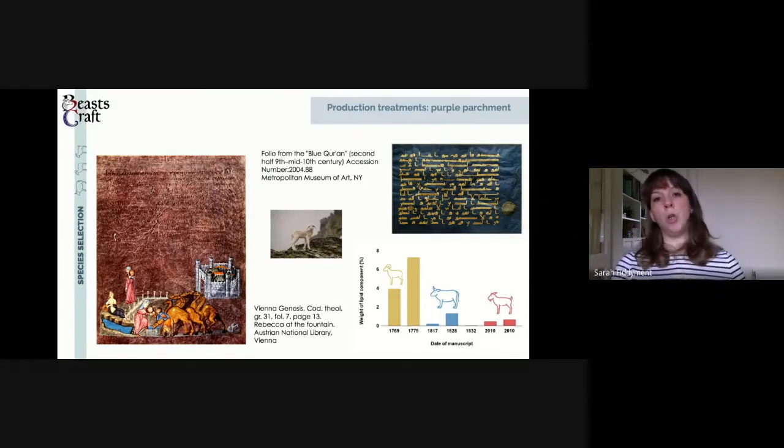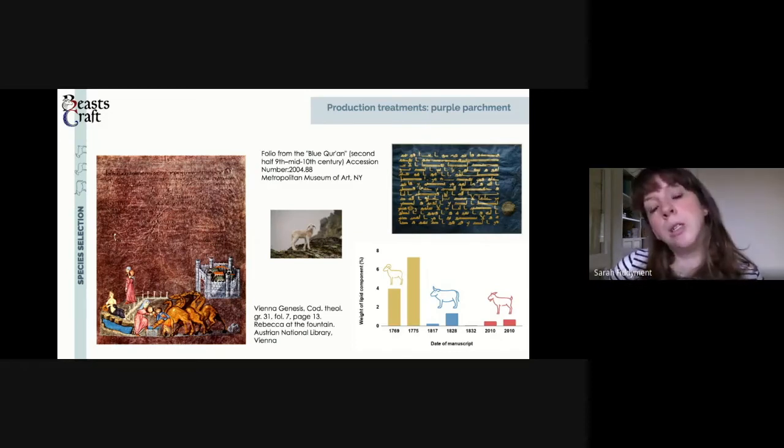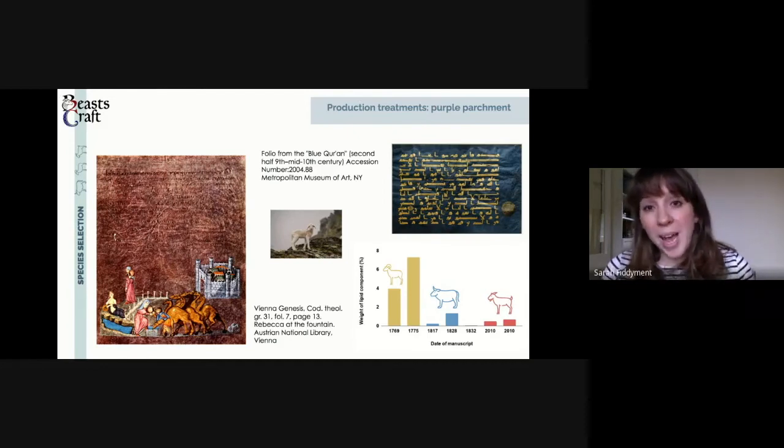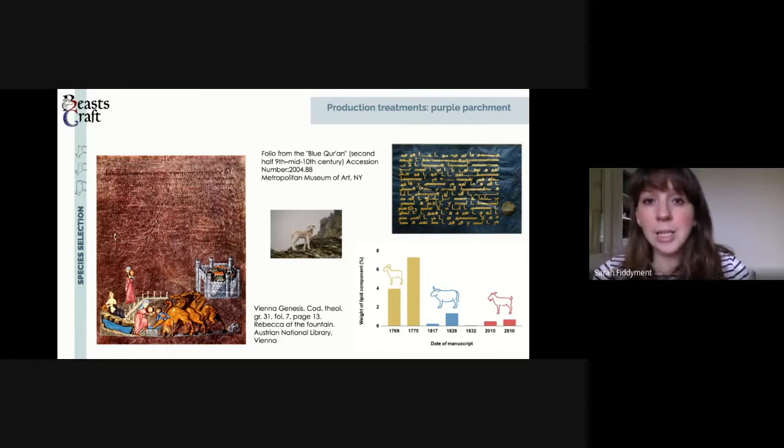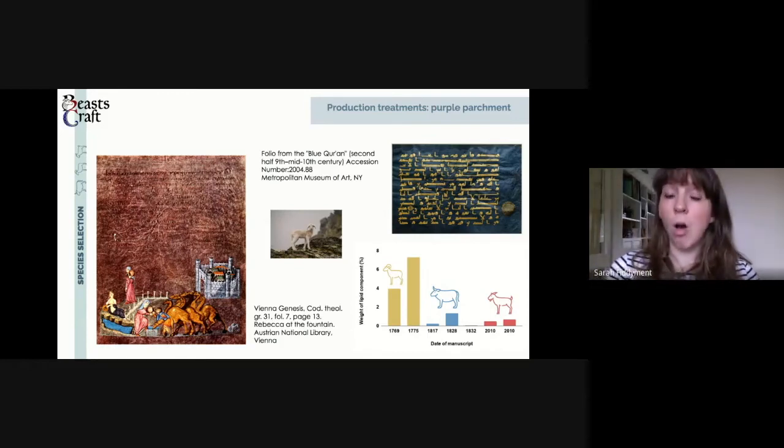Now, this is interesting because it has to do with the production or the actual method of dyeing the parchment. I've put in this graph here because these are samples of parchments that have been analysed for lipid content, so for fat content. And what you can see is that sheep parchment has a lot more fat content than either calf or goat.